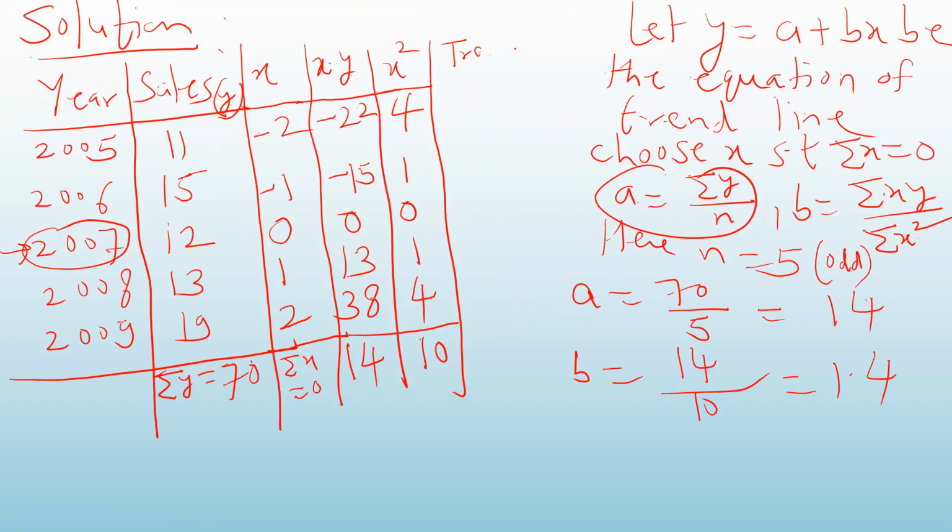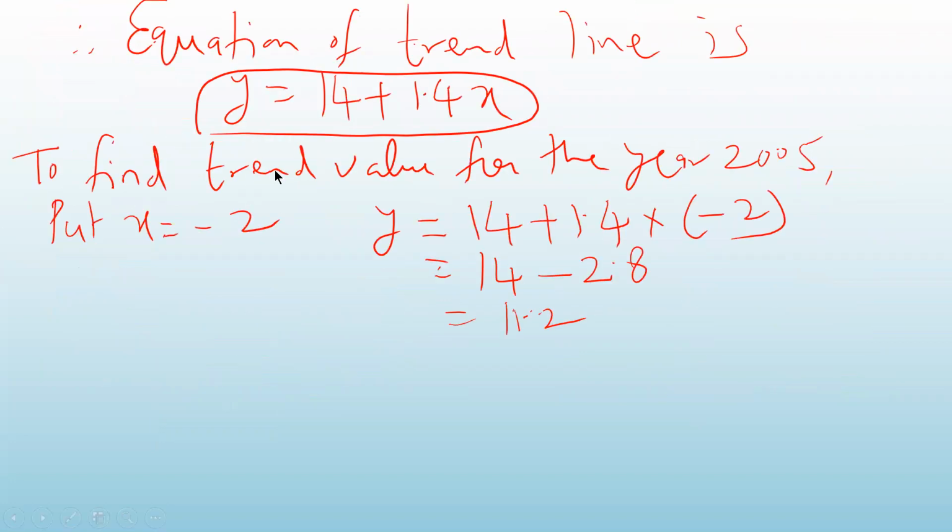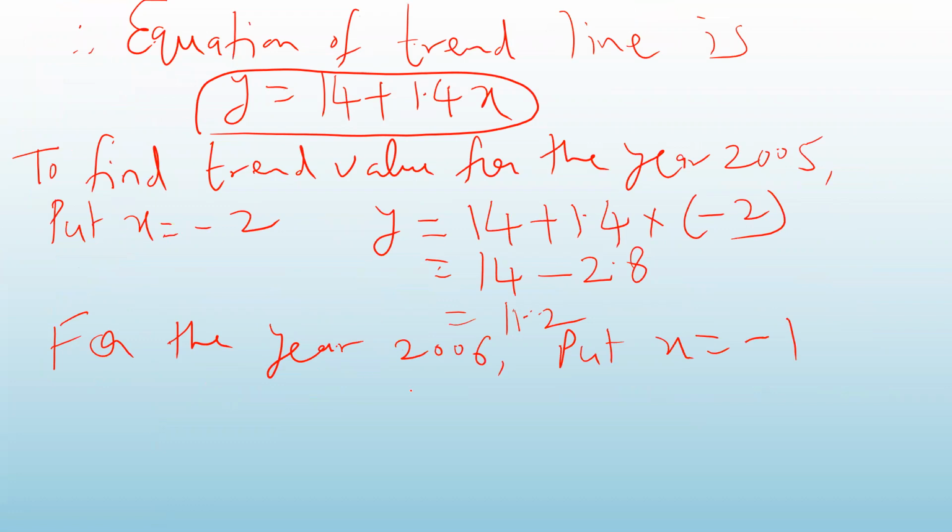So you can make another column here for trend value. For the year 2005, you got 11.2. Now for the year 2006, if you want the trend value, you have to put the value of x as -1. So y equal to 14 plus 1.4 into -1.